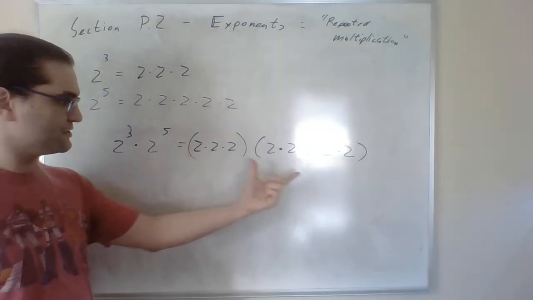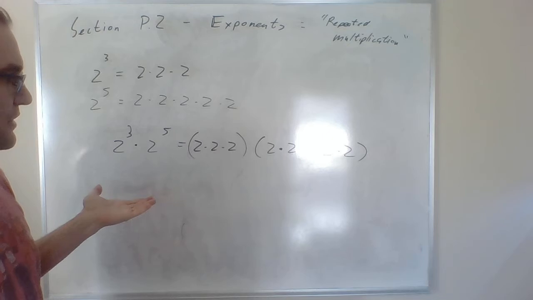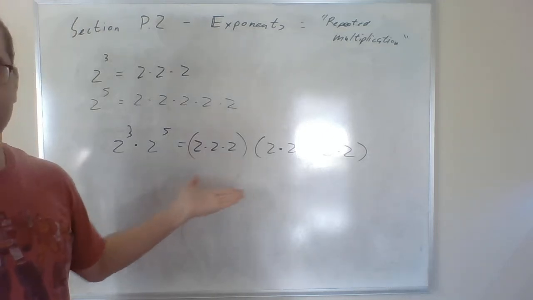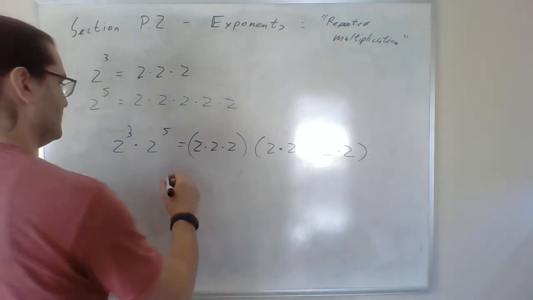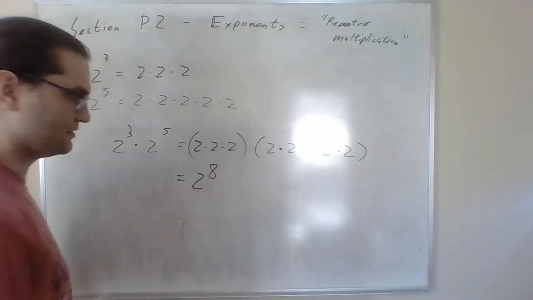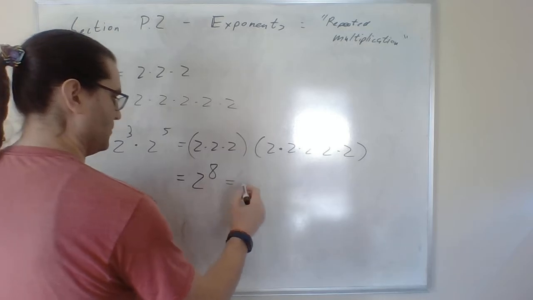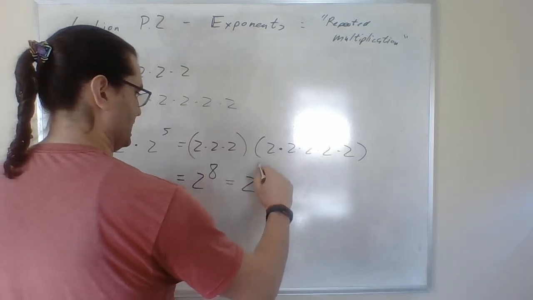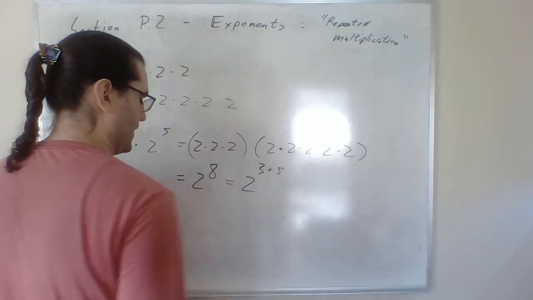So this is 3 2's and this is 5 2's. And if you look at how many 2's we have all together, I think you'll find that we have 8 2's. Which makes sense because 8 is 3 plus 5.